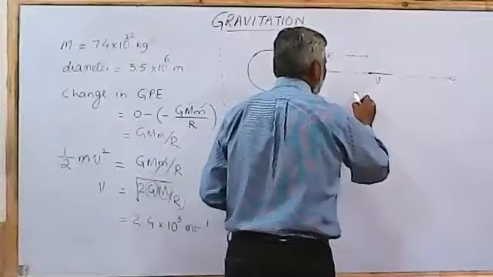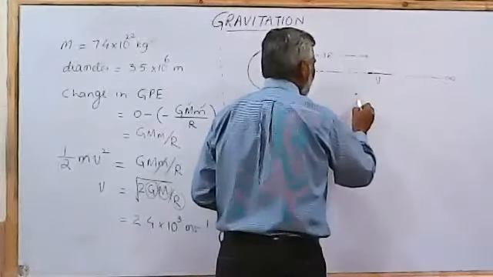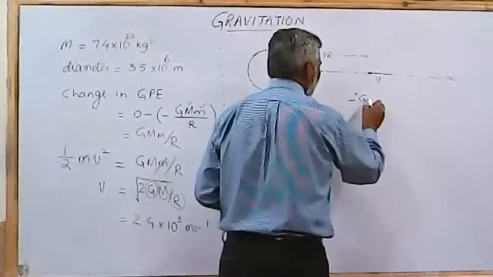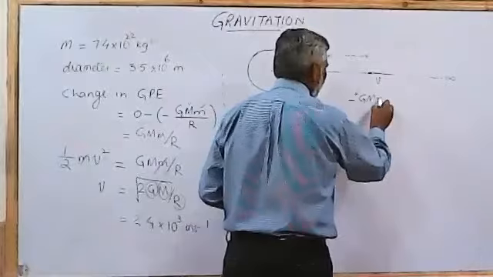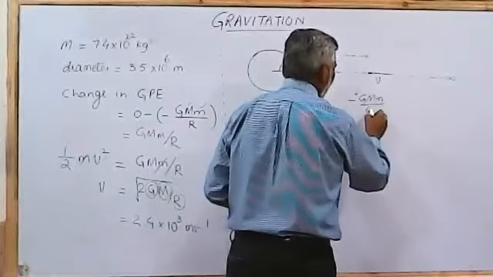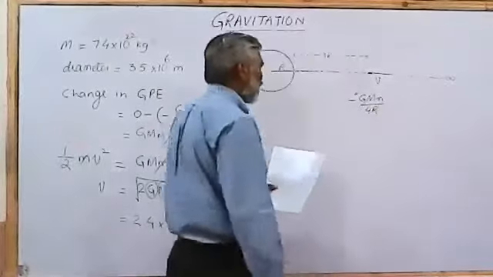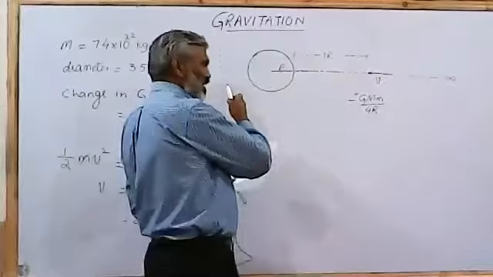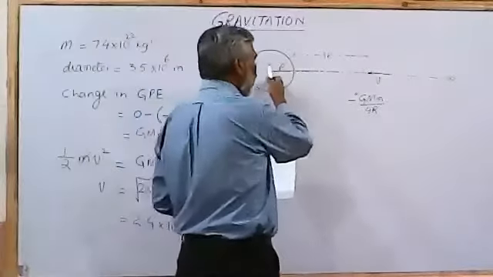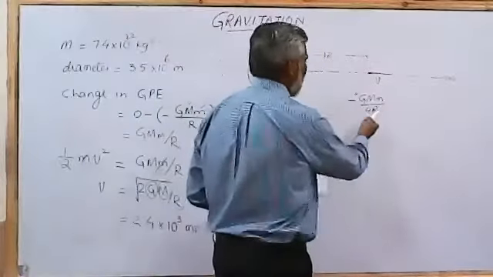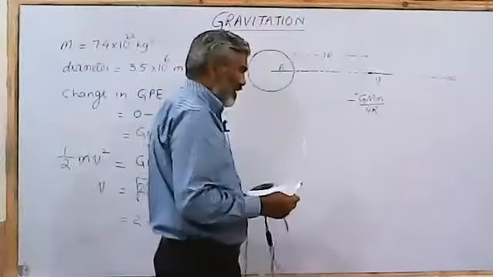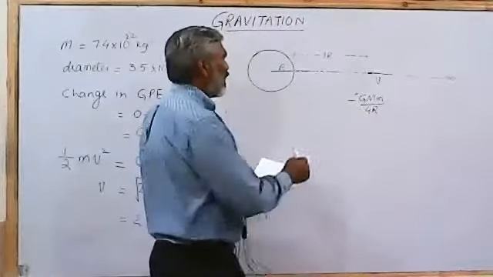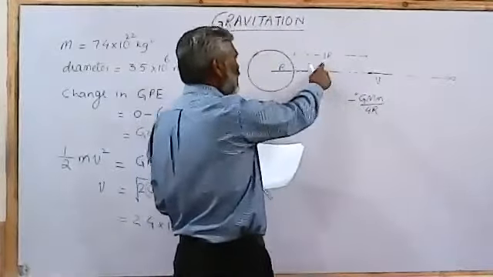The gravitational potential energy at this position is minus GMm over 4 times the radius, because the total distance from the center of the Earth is 4 times the radius of the Earth. So in the expression for potential energy, we use 4R and not 3R. 3R is from the surface.